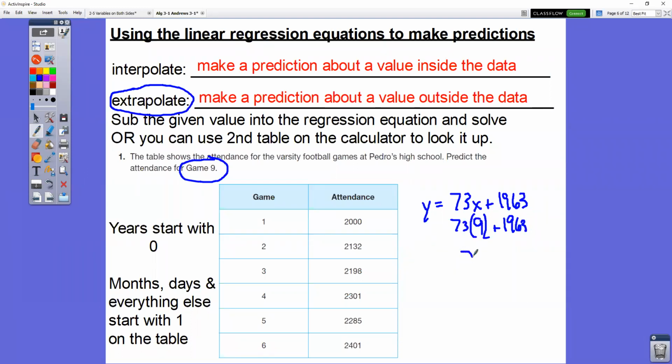When we do that calculation, we get 2,620. So for game 9, our best guess based on our trend line is that game 9 would have 2,620 people.